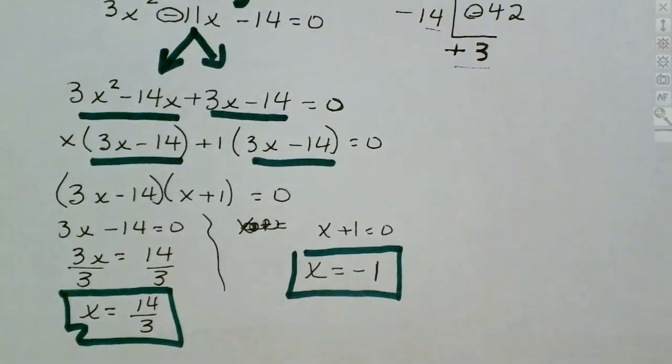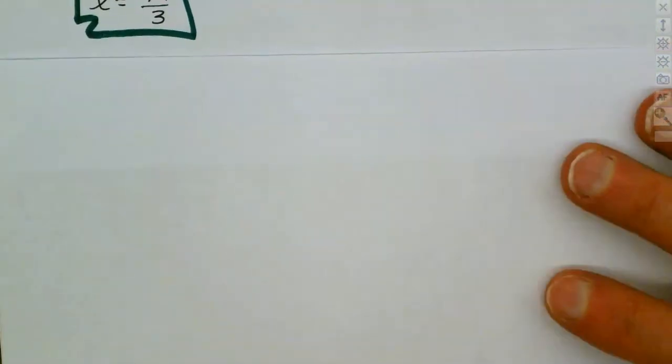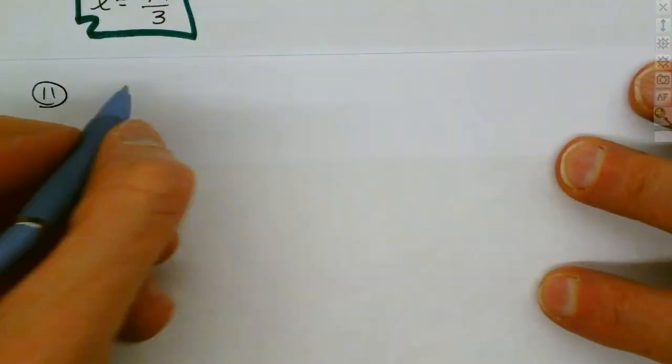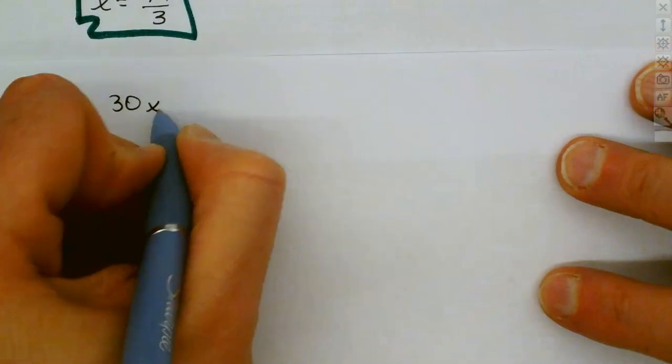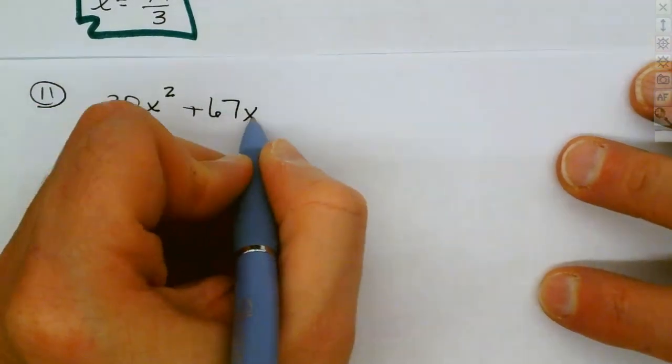I'm going to work out number 11 from your homework, just to make sure we can work one of these more complicated ones out. Number 11, by the way, is the hardest. All the others are quite a bit easier than number 11. And this one is just difficult because of the larger numbers.